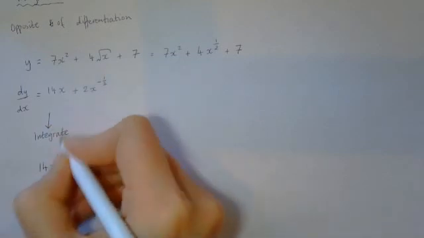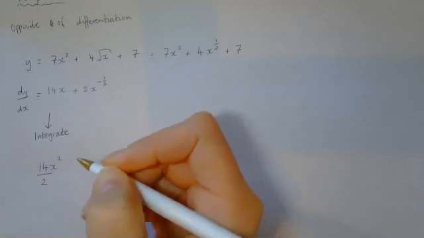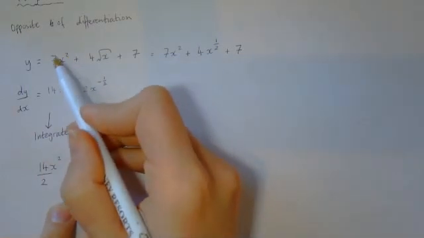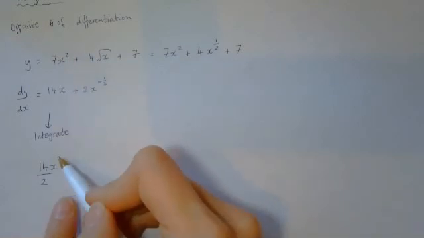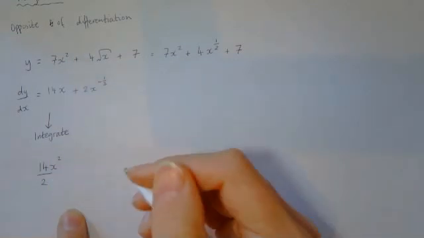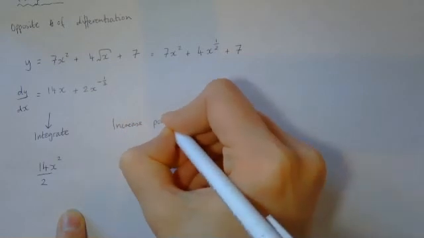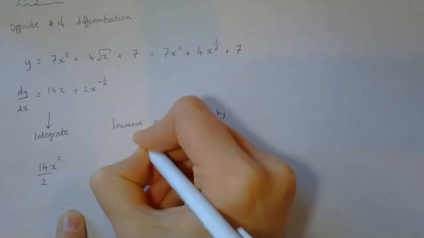So I'm going to increase the power and then I'm going to divide by the new power. So it is the exact opposite of what we did before. So before we multiplied and decreased the power. For integrating, you increase and then divide by the new power. That's really important. So increase power, divide by the new power.